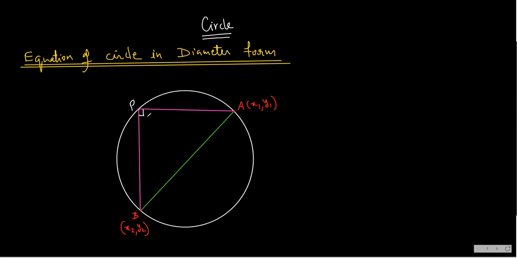You can say that diameter AB subtends 90 degrees on the circle.